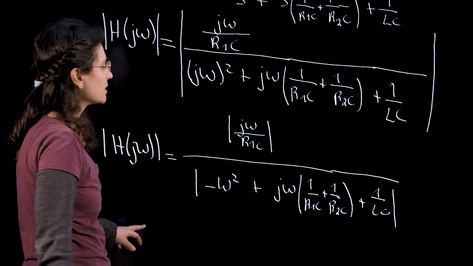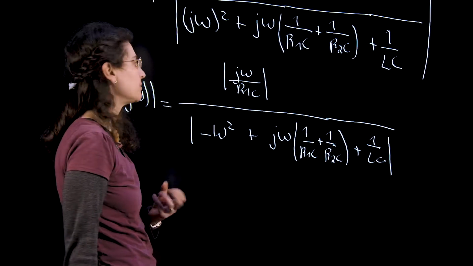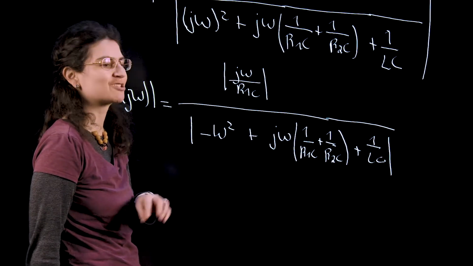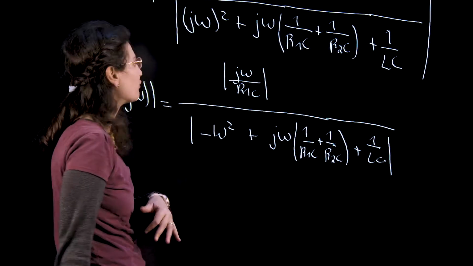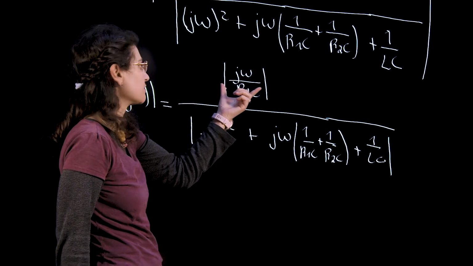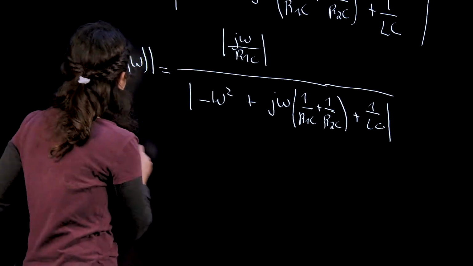So, the magnitude of a complex number is the square root of the real part squared plus the imaginary part squared. So this is purely imaginary, so the magnitude of an imaginary number is the number.